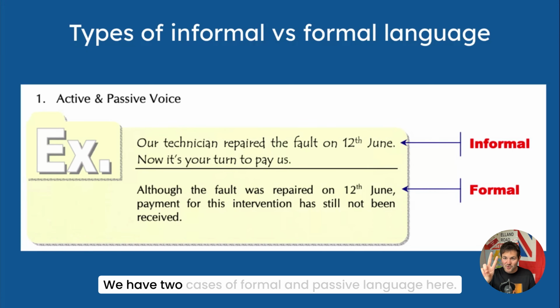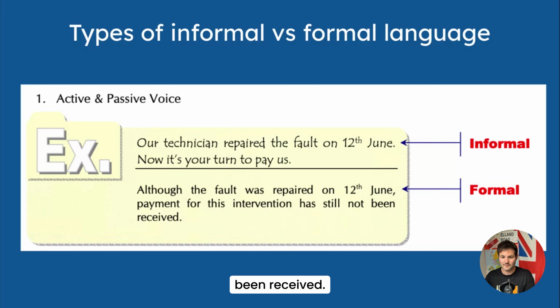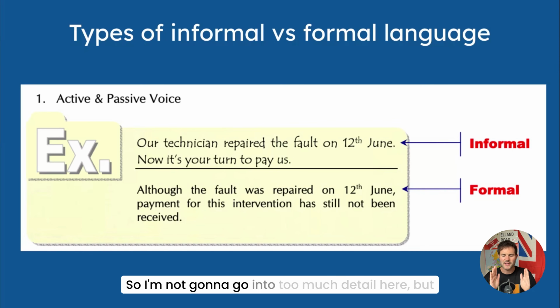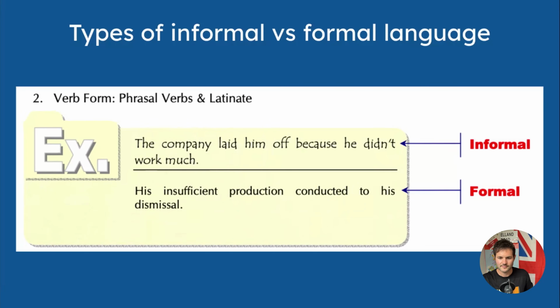We have two cases of formal and passive language here. The fault was repaired and the payment has still not been received. So I'm not going to go into too much detail here, but generally, if you use the passive, it sounds more formal than the active voice.